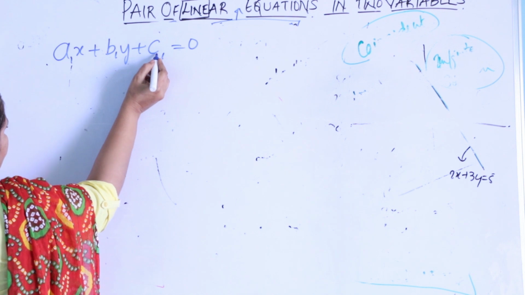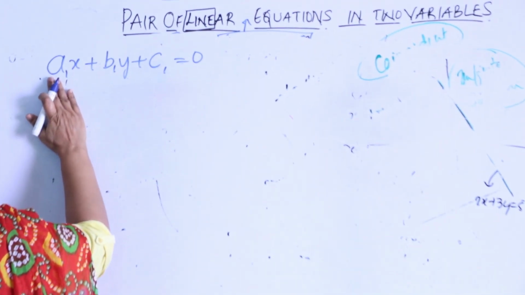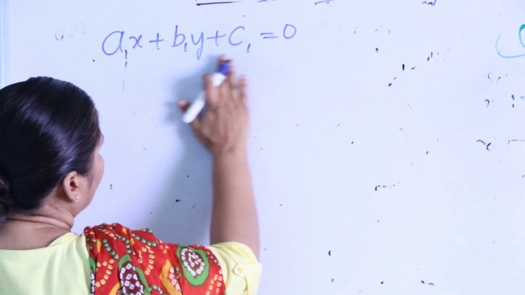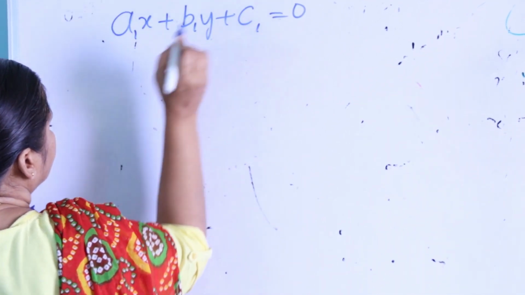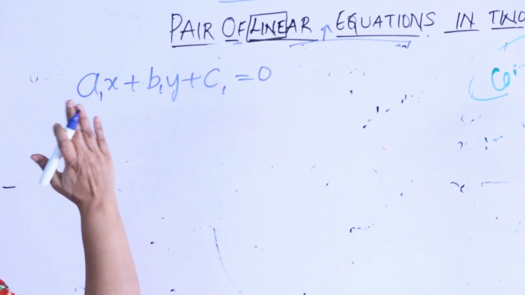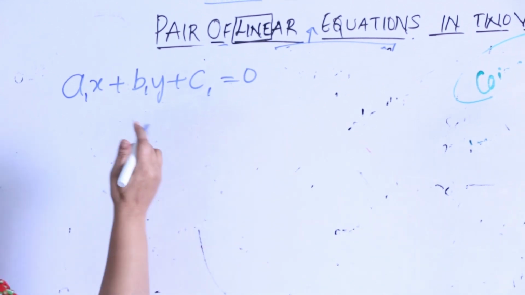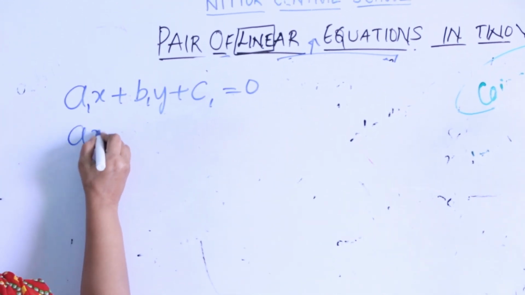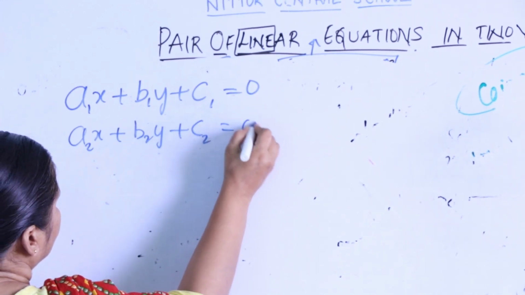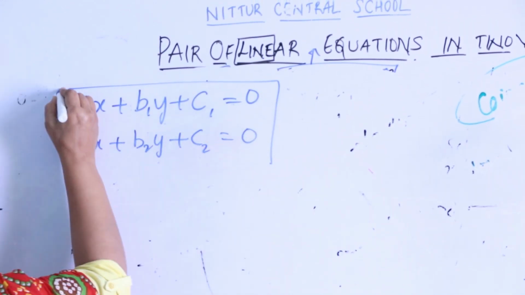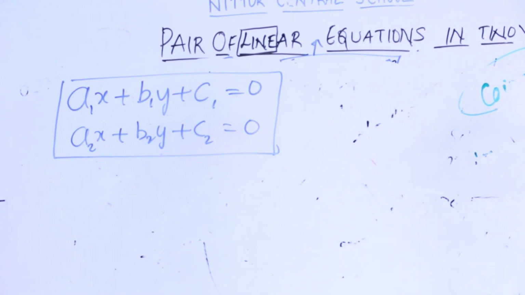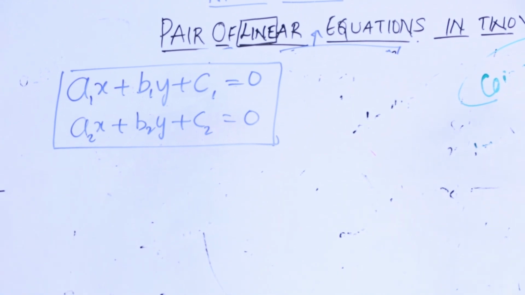Remember, children, all the three terms are on the left hand side in the standard form. Remember this statement, because we have to keep this in mind when we are solving further problems. a2x plus b2y plus c2. Yes, this is how we represent a pair of linear equations in two variables in their standard form.